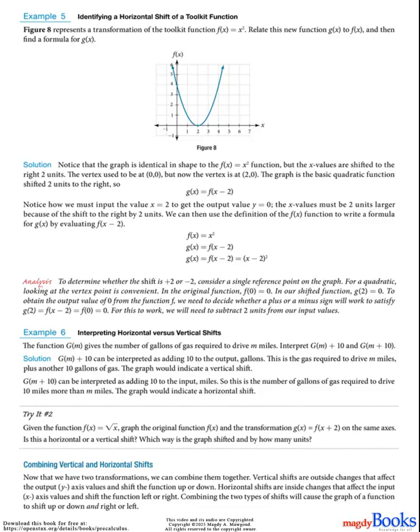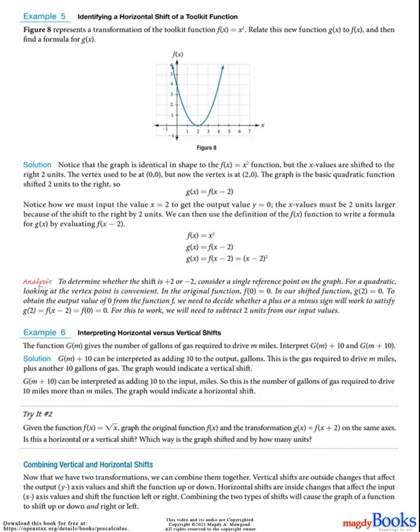The graph is the basic quadratic function shifted 2 units to the right, so g(x) = f(x − 2). Notice how we must input the value x = 2 to get the output value y = 0. The x values must be 2 units larger because of the shift to the right by 2 units.